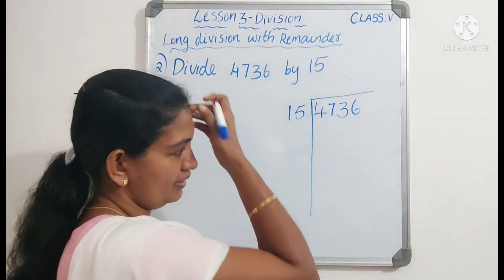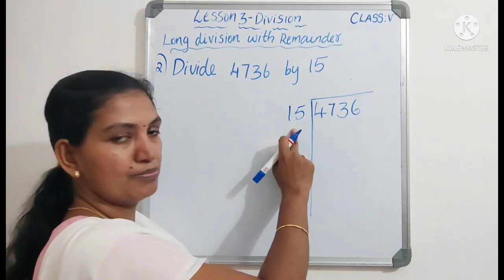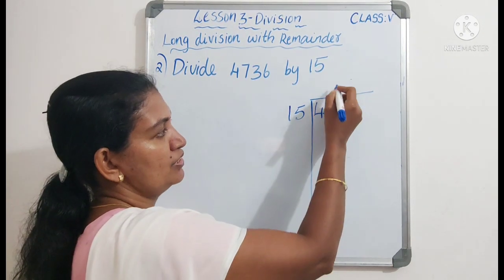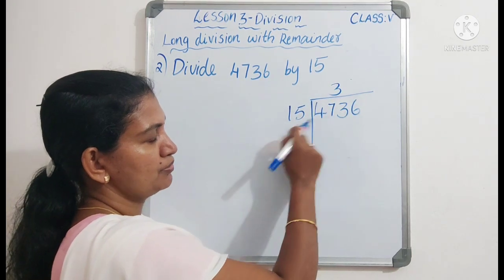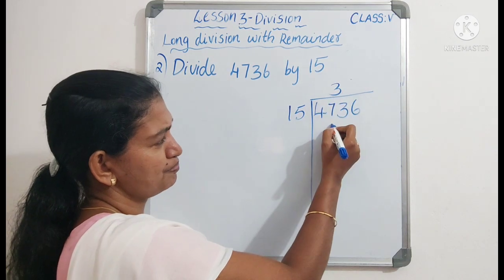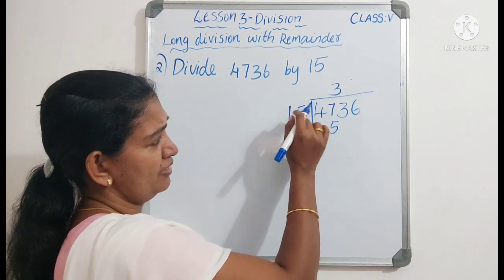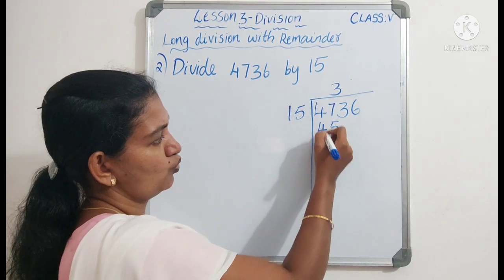In 47 how many times does 15 come? 3 times 15 comes. 3 into 5 is 15, and 3 into 1 is 3, that is 45. Then subtract, remainder 2.